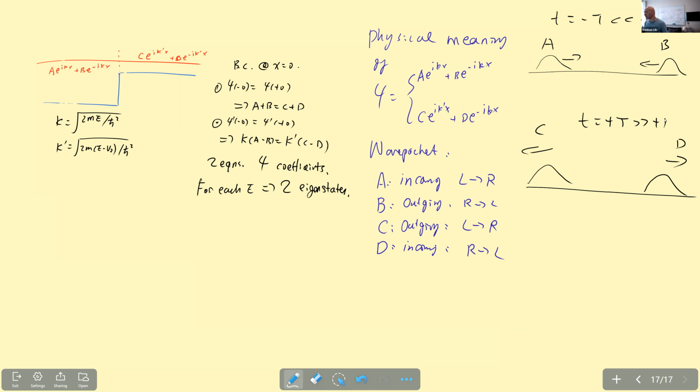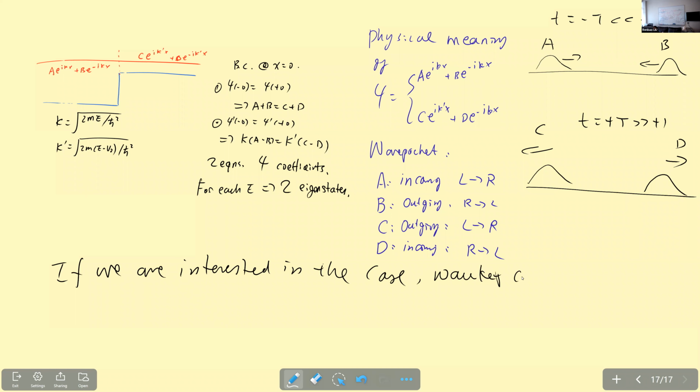But now let's consider cases. Suppose we consider the initial condition where we are interested in the case that the wave packet is coming from the left.